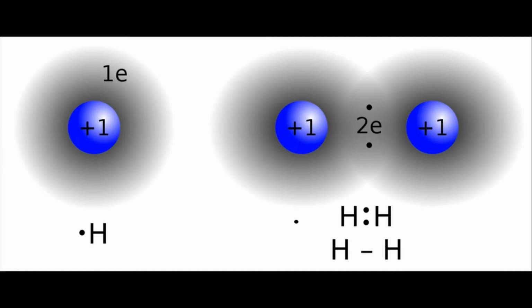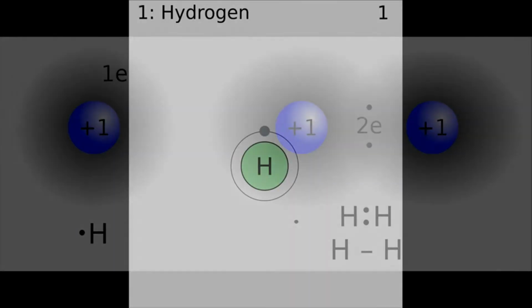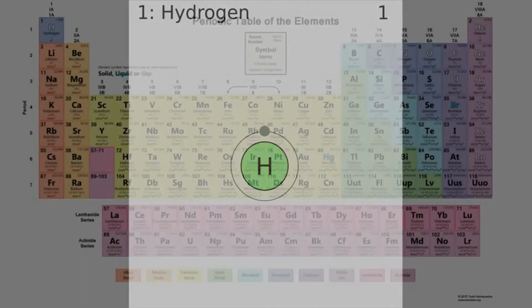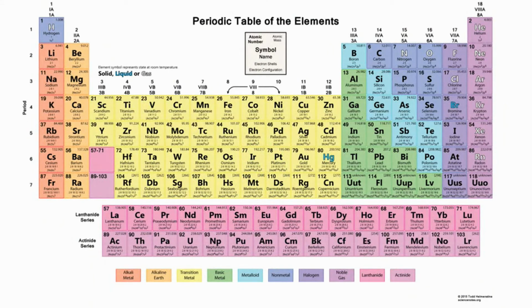I'll give you one more example of a covalent bond, and this one is if you take the hydrogen that has one electron, and if you take carbon, let's take a look at carbon on the periodic table. And you notice carbon is in group 4A, and it's atomic number 6.